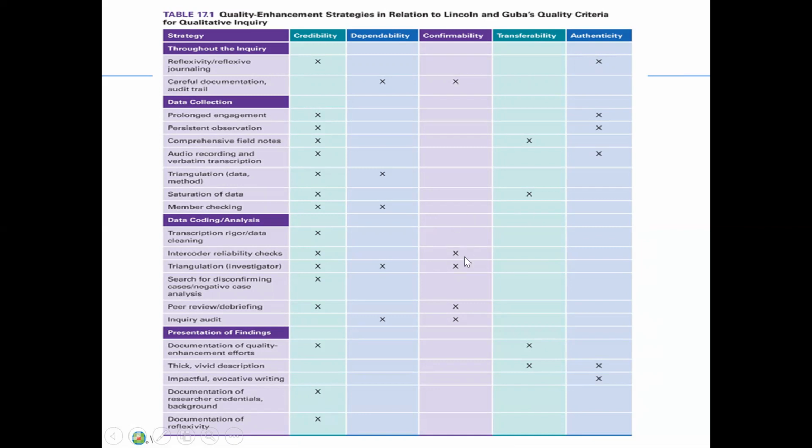Confirmability is generally done in the data analysis with inter-rater reliability, using several forms of data and then peer review. And then dependability is done throughout the study with processes like triangulation and member checking. Remember how in my study I took it back to the members to increase dependability of the study, and then all of these lend themselves to credibility.